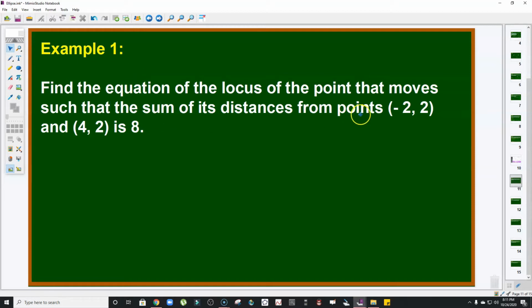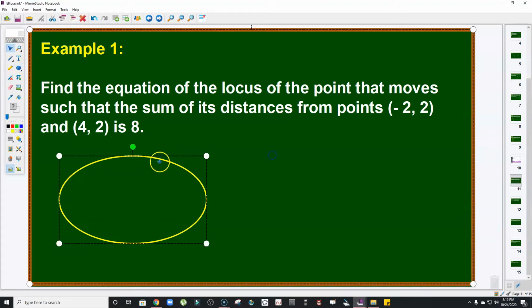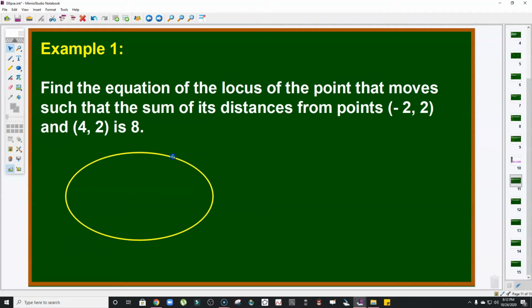So (-2, 2) and (4, 2) are the foci of the ellipse. Let's draw an ellipse. Say (-2, 2) is here, and (4, 2) is somewhere here.